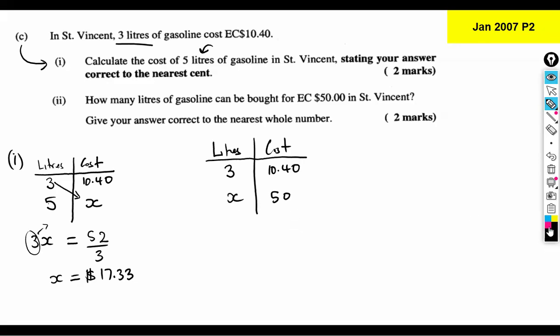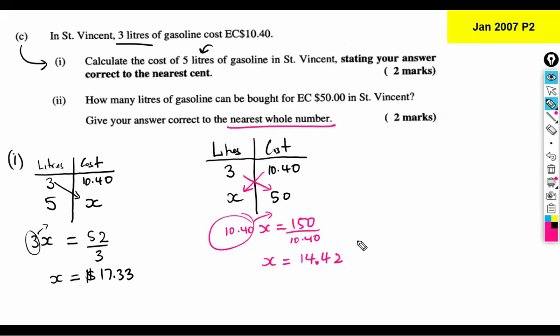So here's the cross again. 10.40 by x is 10.40x, and 3 by 50 is 150. Throw across and multiply, you get a divide. So 150 divided by 10.40, you're getting 14.42.